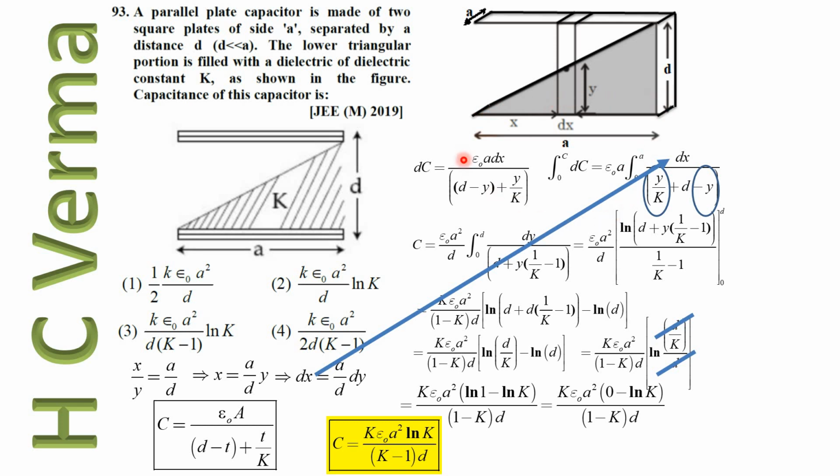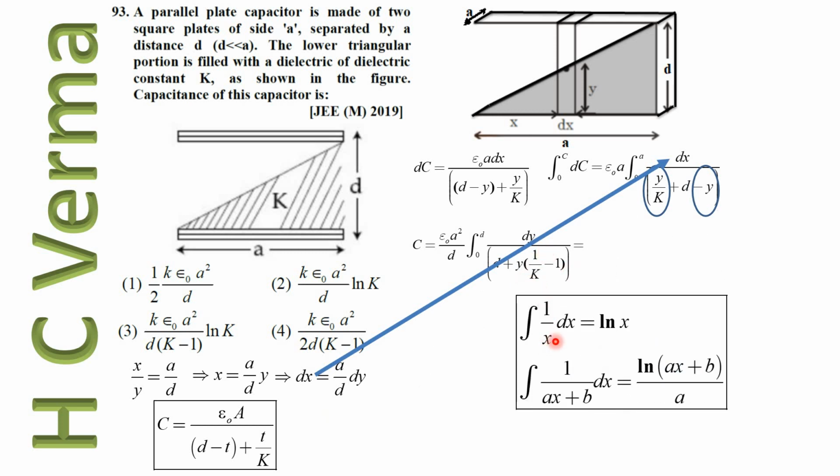Epsilon naught common, constant, A constant out. Dx to be replaced by a by d into dy. Y by k, and y to be taken out common. And thirdly, the limit to be changed from 0 to A to 0 to d. And now integration: integral of 1 by x dx is natural log of x.